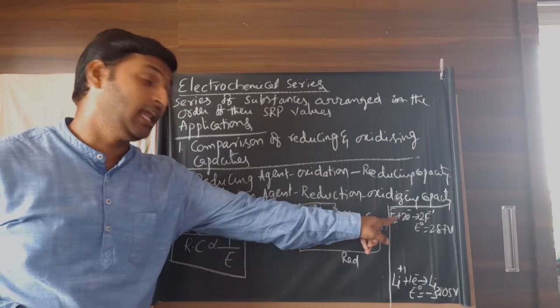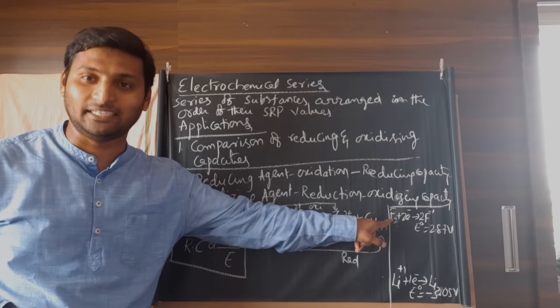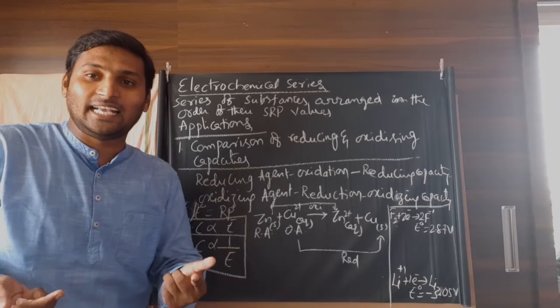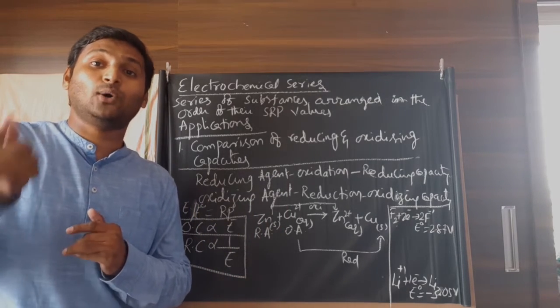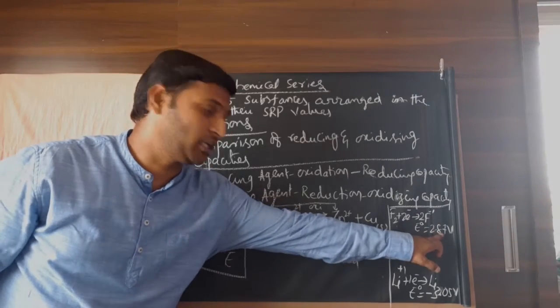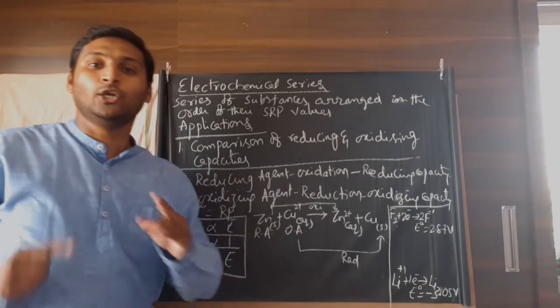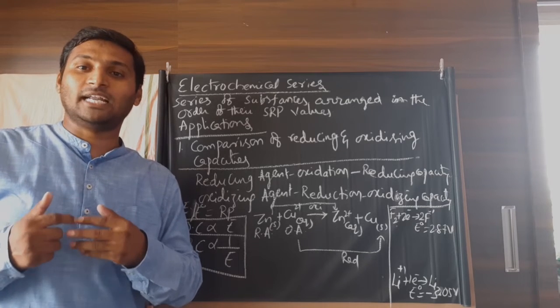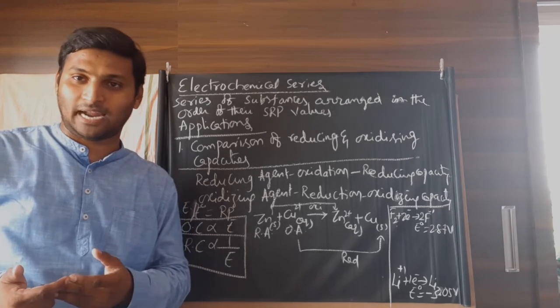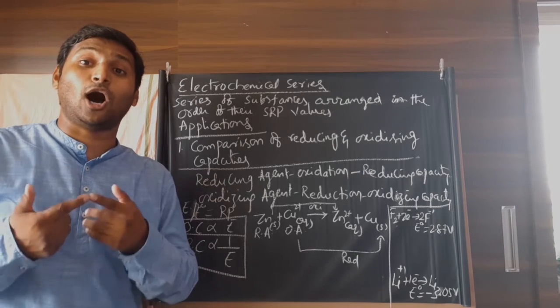You know very well, non-metals are electronegative. They readily gain electrons and form anions. That means they readily undergo reduction. That's why their reduction potential will be higher. You know very well, metals are electropositive. They have a tendency to lose electrons and form cations. So they readily undergo oxidation.